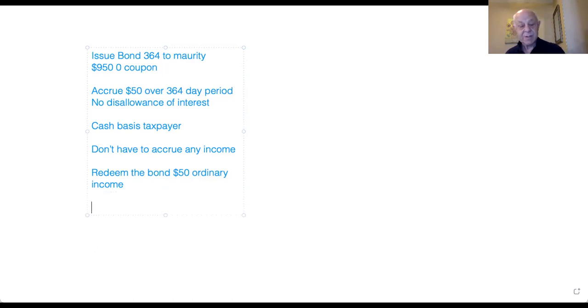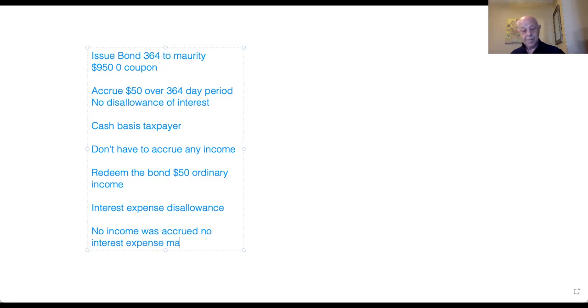The interest expense disallowance rules are going to apply. So if I finance the purchase of this bond and I'm not accruing any income, so if no income was accrued, then no interest expense could be deducted until the bond is redeemed.